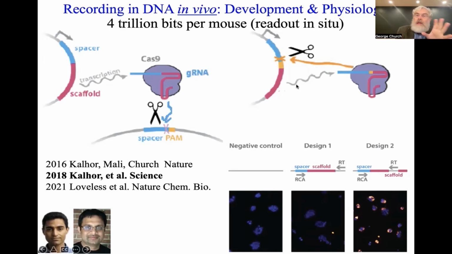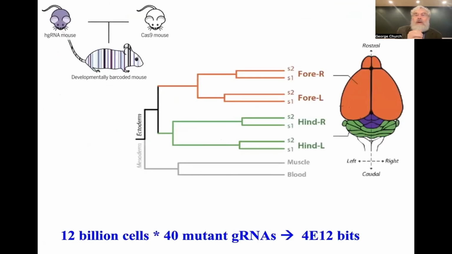And this can use, here we use CRISPR cutting, but we recommend, as you'll see in a moment, the A base editor. Here's an example of lineage information where we disambiguated for the first time the order of events for forebrain, hindbrain decision versus left-right decision, the latter being later. And here we calculate that it's on the order of 4 times 10 to the 12th bits of information, almost a terabyte per animal.